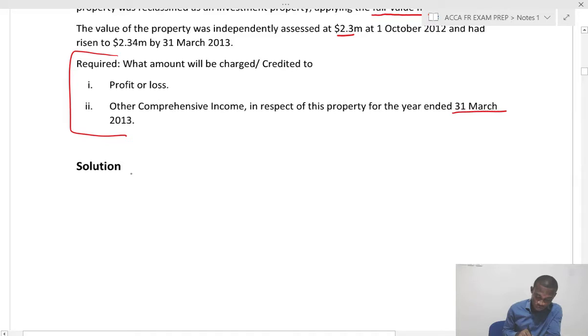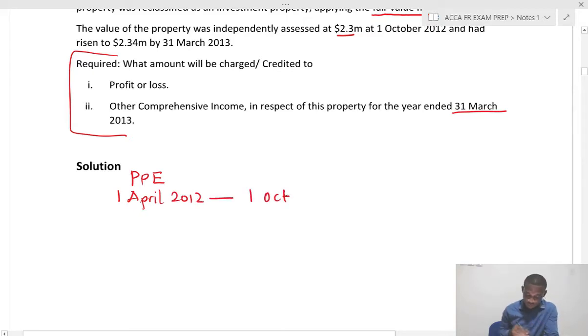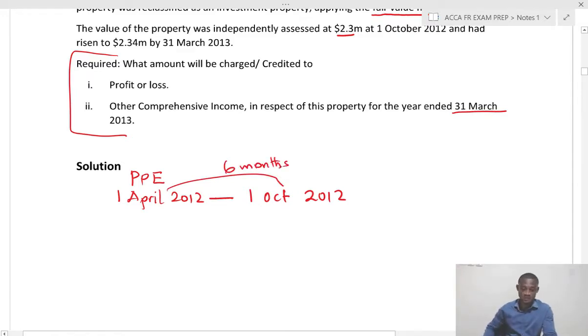Now, what I will do is to look at the accounting under PPE, because we have to look from 1st April 2012 to the date there was a change in the use of it, 1st October 2012. This period gives us 6 months.